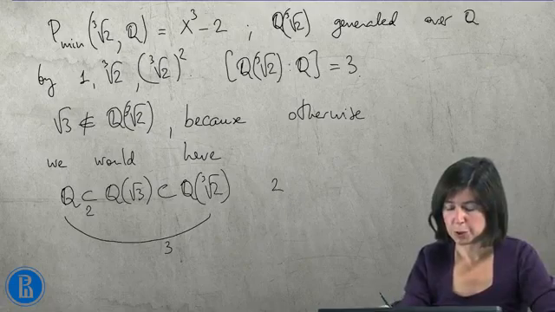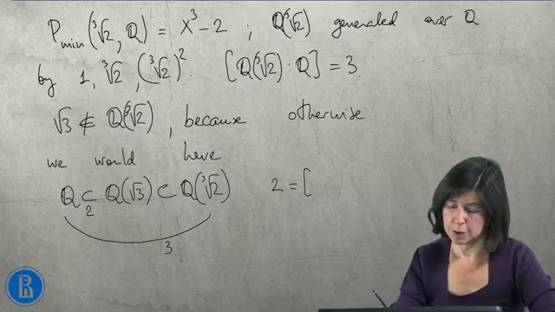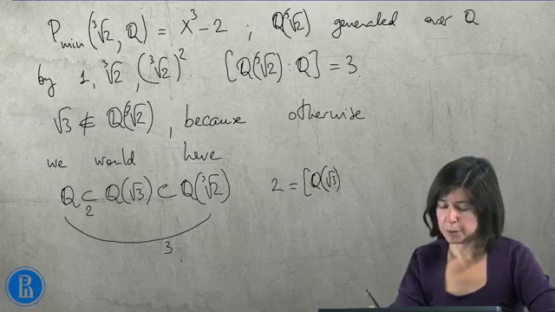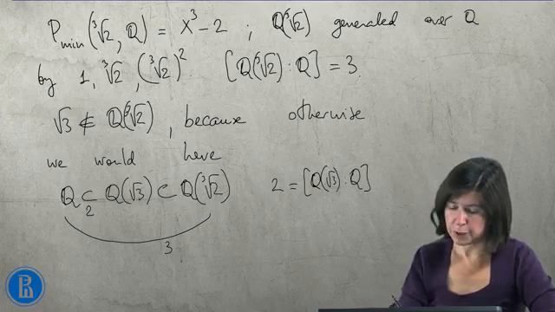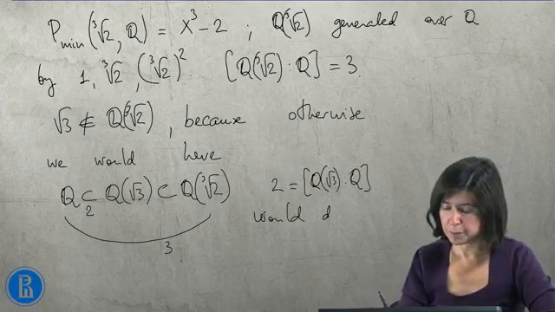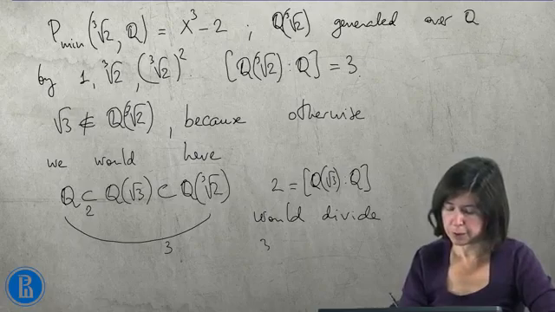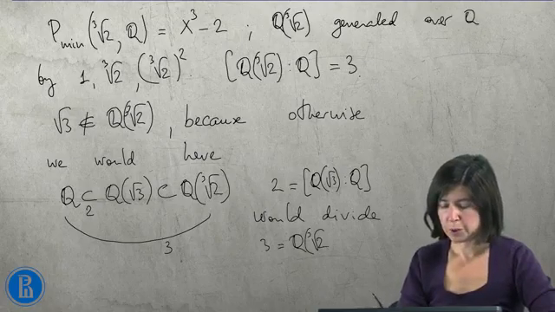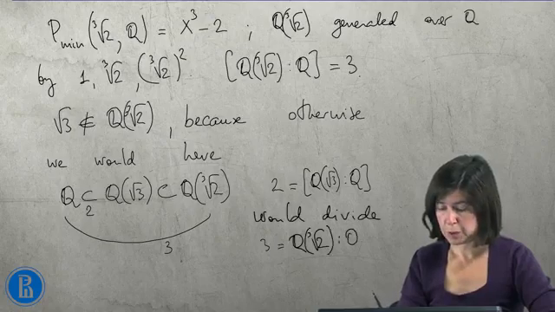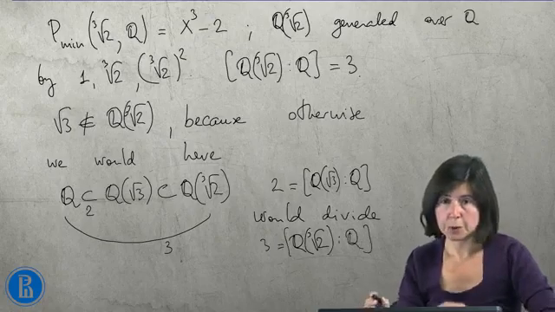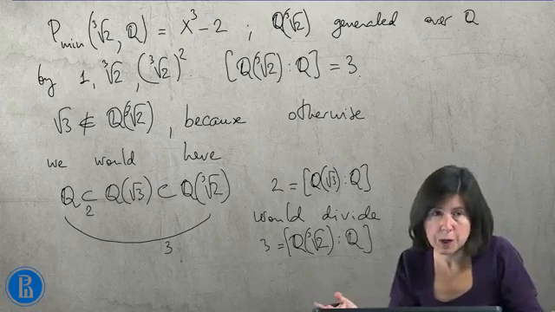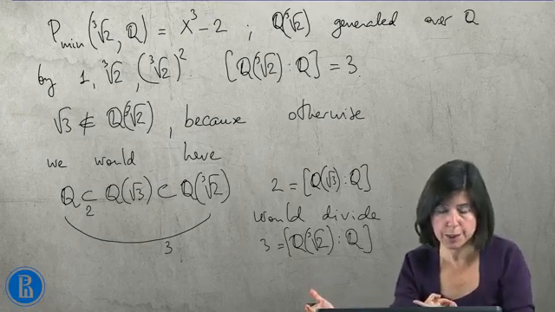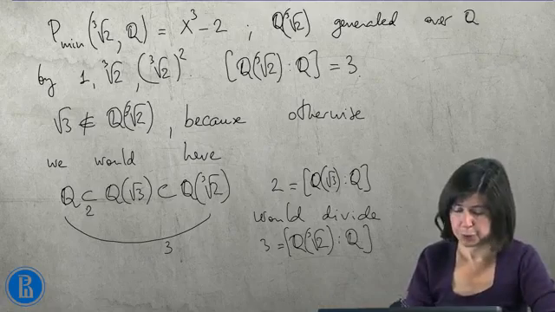Well, the degree of Q square root of 3 over Q would divide 3, which is the degree of Q of cubic root of 2 over Q. We have seen that the degrees multiply in towers of finite extensions. So this is impossible.